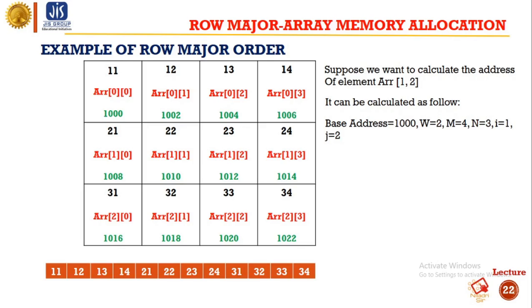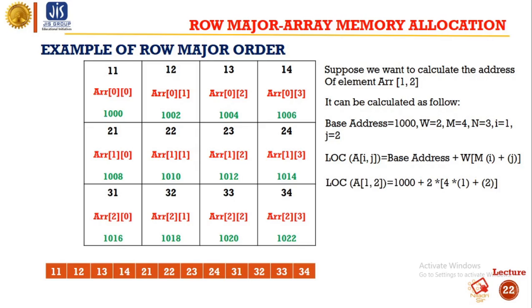Okay, and the value of I is 1 and J is 2. As you can see that we have to find out the address of ARR12. So it is ARR[I][J] format. If we equate it with ARR[I][J] format, then I will be 1 and J will be 2. Now the formula is location of A[I][J] equals base address plus W(M I plus J).